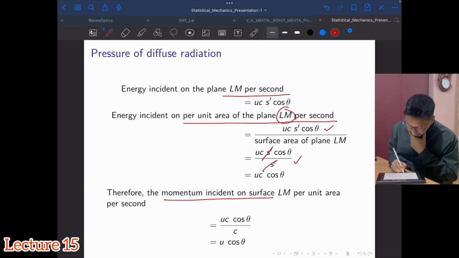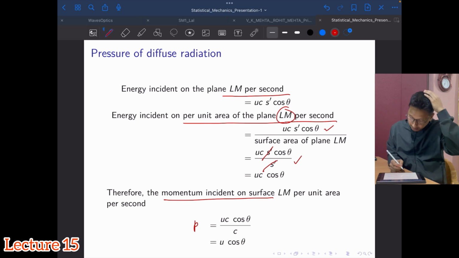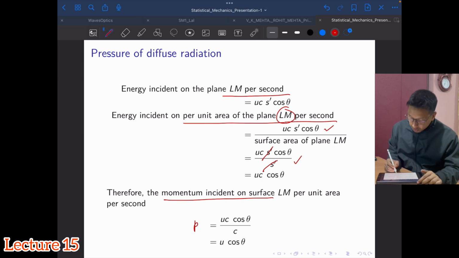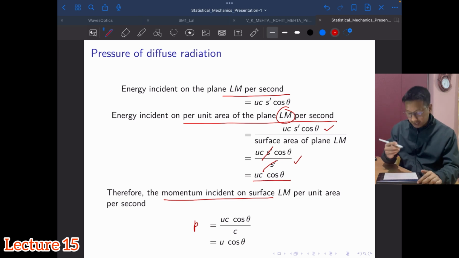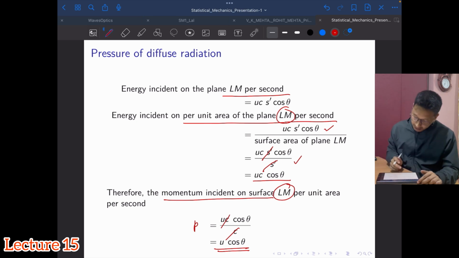So momentum will be how much? Energy u c cos theta divided by the velocity c. This c and c get cancelled, and I remain with u cos theta. So this much momentum is incident on the surface LM per unit area per second.